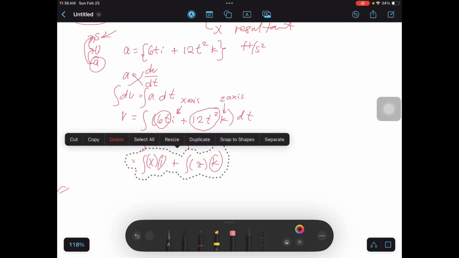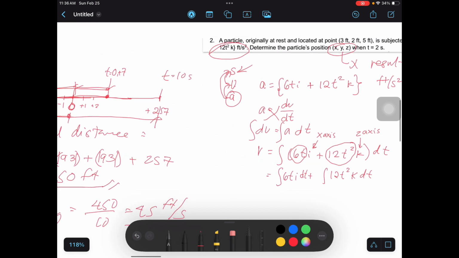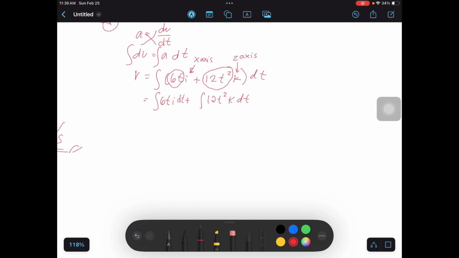So, let's integrate. So, 60, 1 plus 1, and then t, 1 plus 1, i, plus 12, 2 plus 1, and then t, 2 plus 1, okay. So, let's simplify.